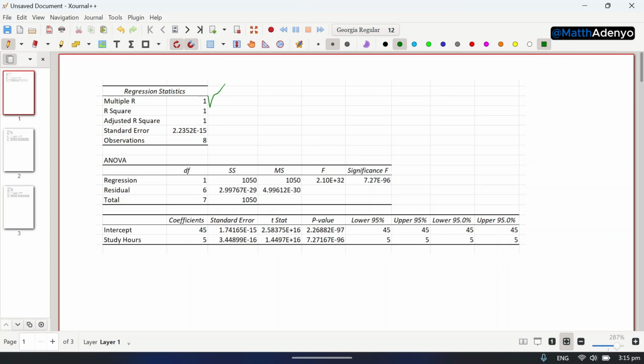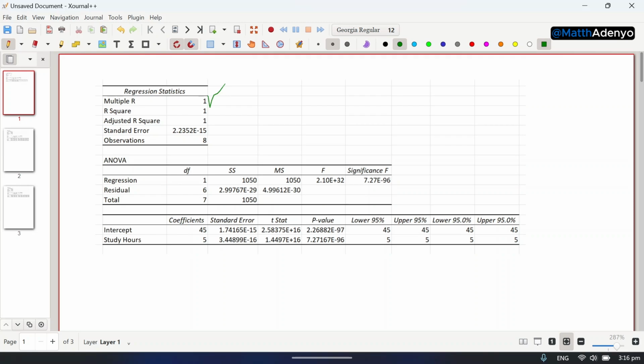A value of 1 means that there is a perfect linear relationship between the dependent and independent variable. But if it is approaching 0, it means that we have a weak relationship. So multiple R is showing that, and we are having 1 in our result, showing that there is a strong or a perfect relationship.